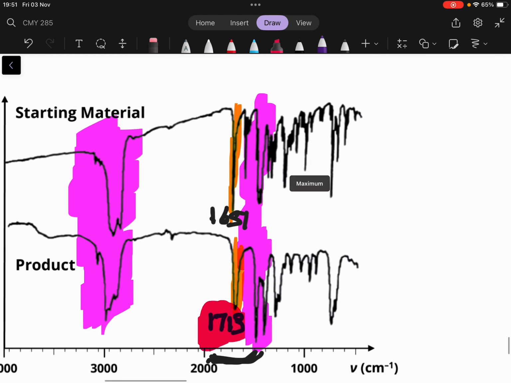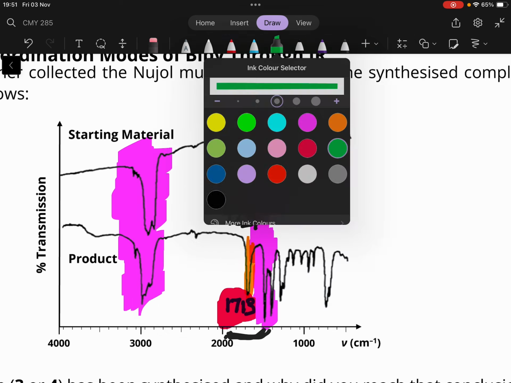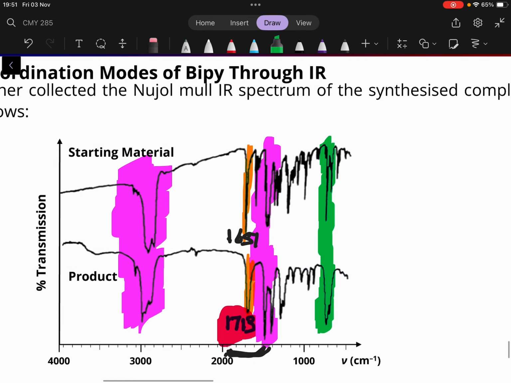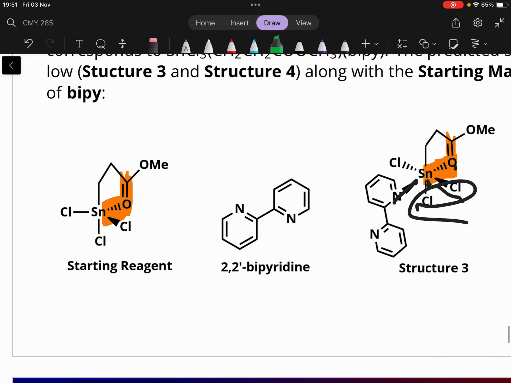You might have also been tempted to look at the bipyridine stretch, and it's round about here, so I'll highlight it for you. So we would have looked at this stretch here to say whether the bipyridine is only monodentately coordinated, or is it bidentately coordinated? And in the starting material, you can see there is no tin nitrogen stretch.